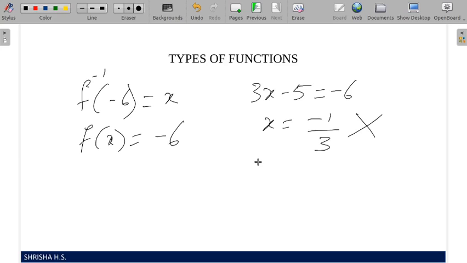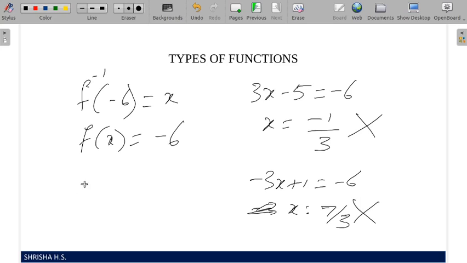And also, let's start with minus 3x plus 1 equal to minus 6, minus 3x equal to minus 7, so x equals 7 by 3. Again, this is a positive number and not a suitable value for x in minus 3x plus 1. So this is also a wrong value for x. Okay, so not a suitable value for x.